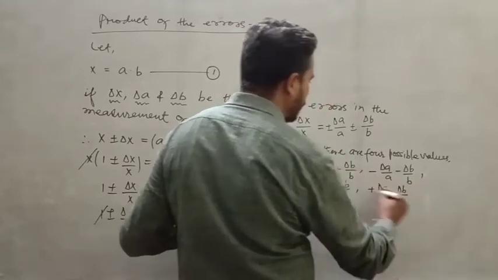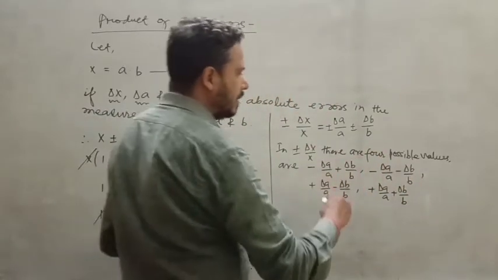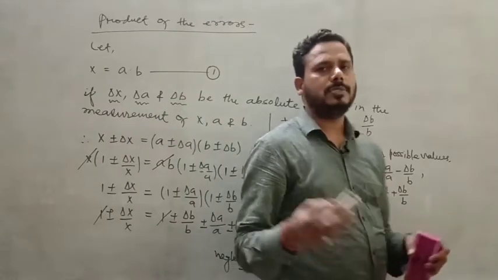So here you are seeing, just like the previous one, that there are 4 possible values.